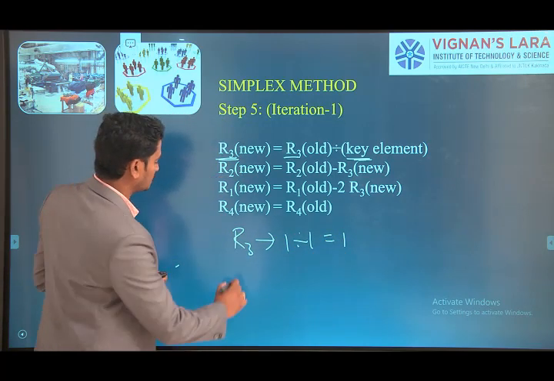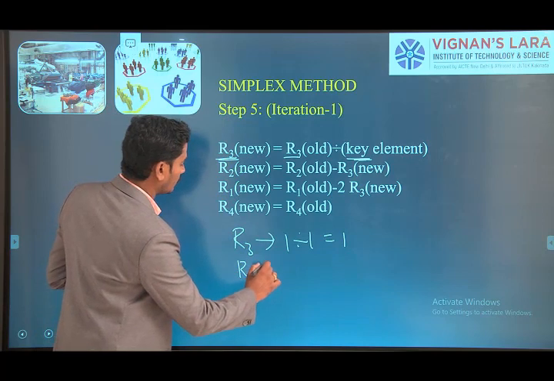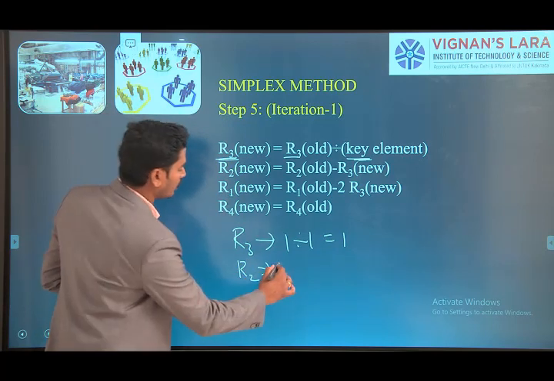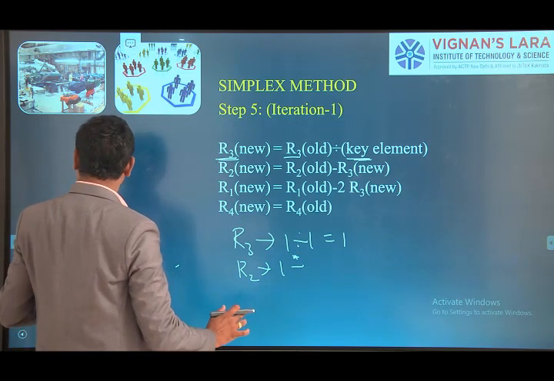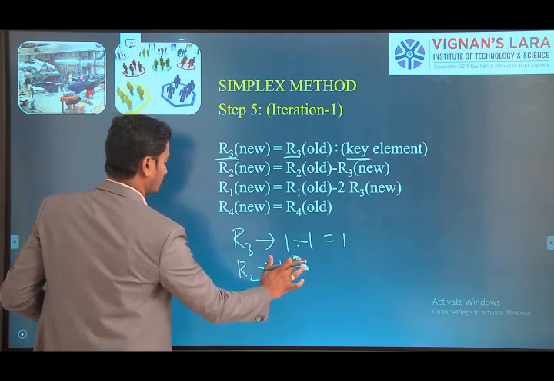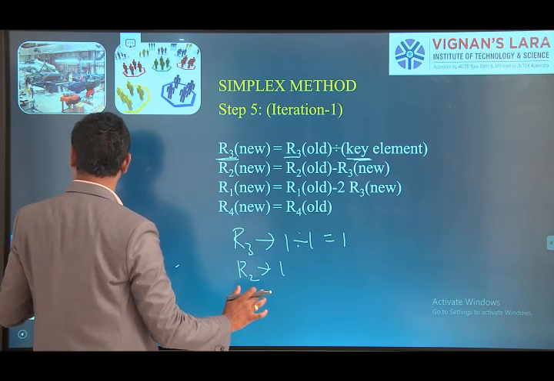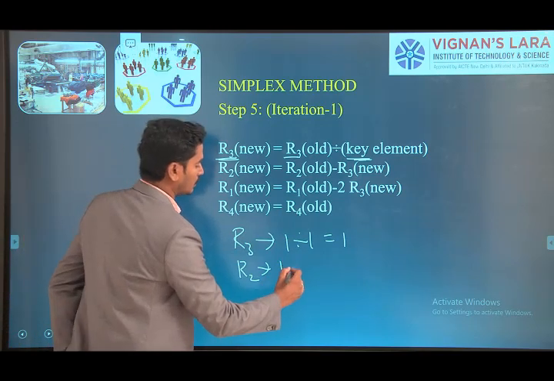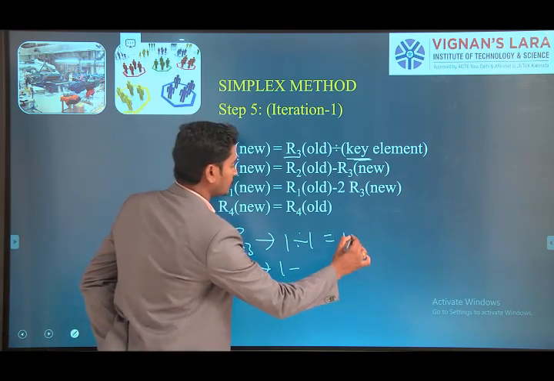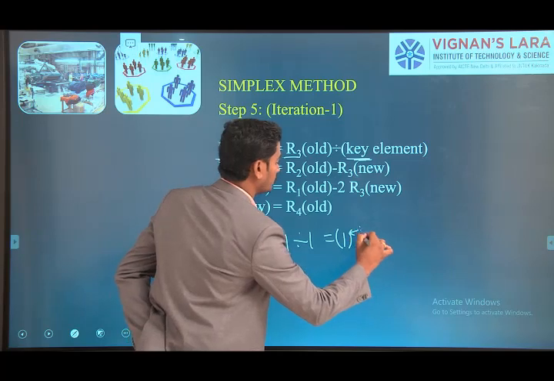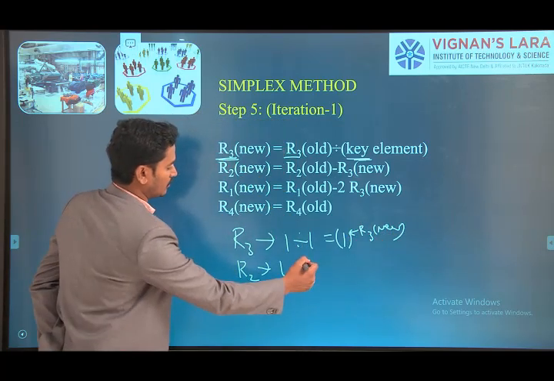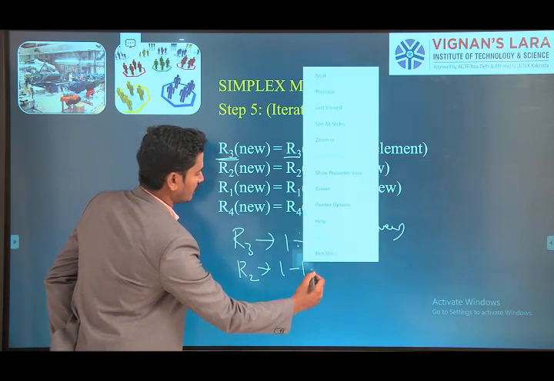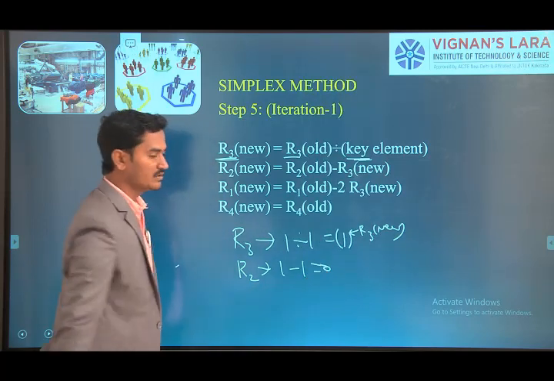Coming to R2 new, in row 2 we have R2 old, whose value is 1. Then R3 new, we substitute this R3 new value: 1 minus 1 is equal to 0. Row 2 is also satisfied.